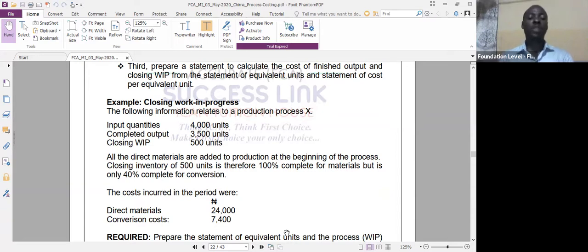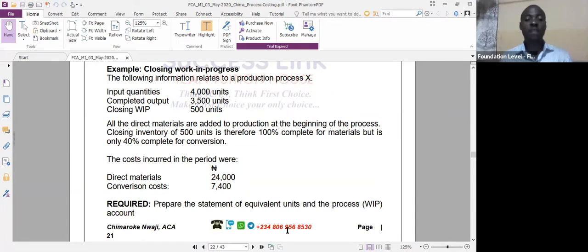Now, in this period, we incur 24,000 naira for direct materials. And for conversion, we spent 7,400. Required, prepare the statement of equivalent units and the work in progress account.